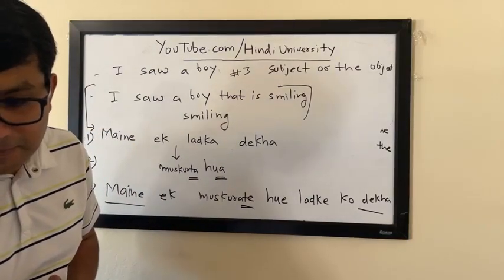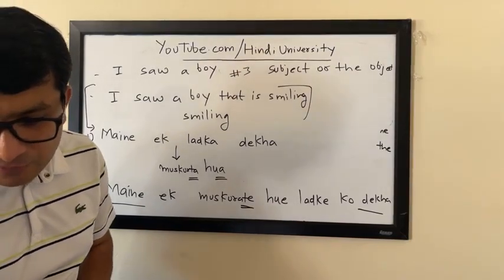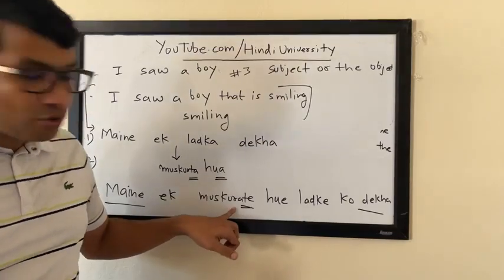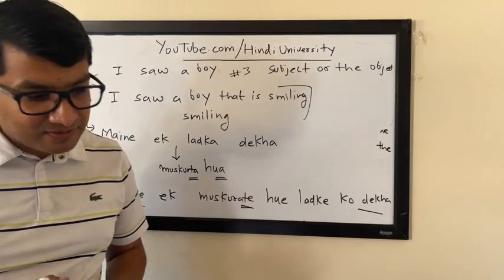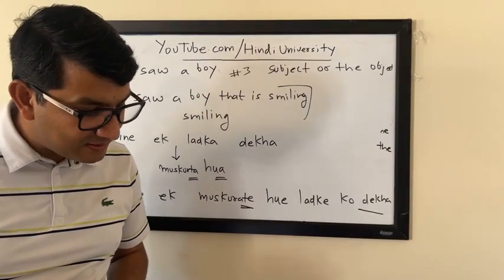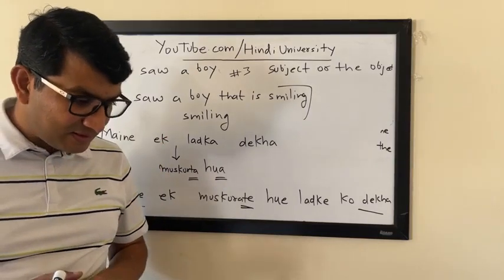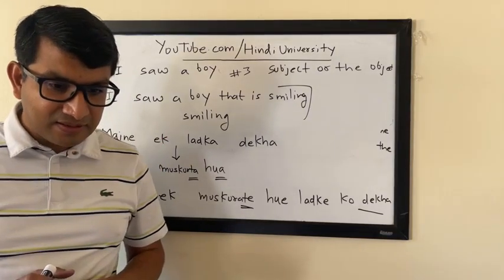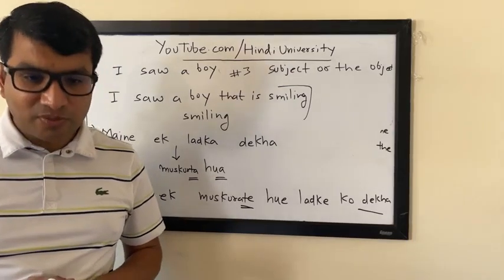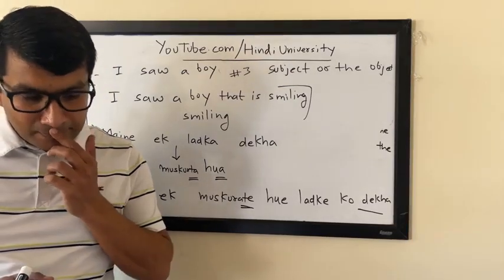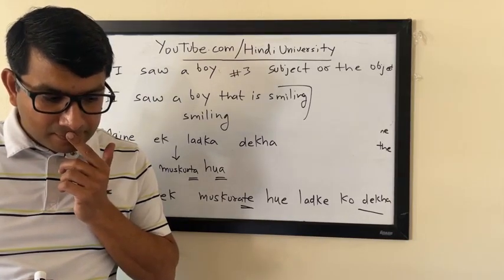Yeah, it is complicated. Anyone else before I practice more on the third one? Yeah, you are raising your hand. So if I understand well, let's say we have a friend who is known, like he's always smiling. Now in that case, if I want to talk to you about this boy, I can use this second sentence. We're talking about the boy, and we know that that's the one who's always smiling.